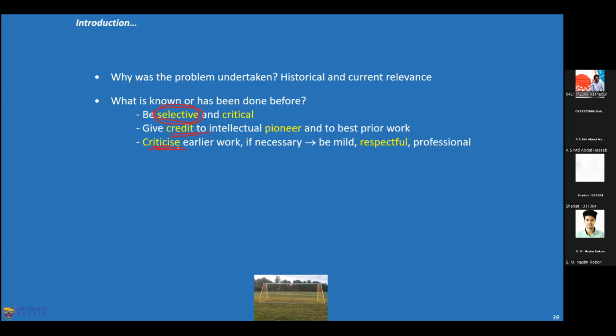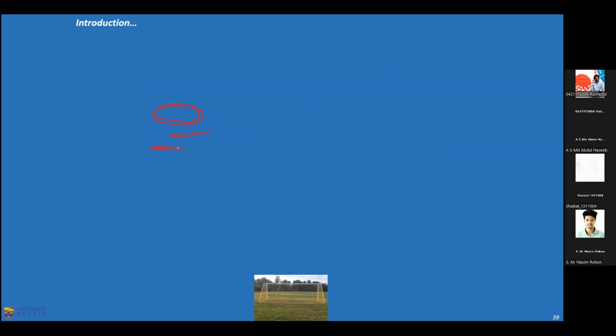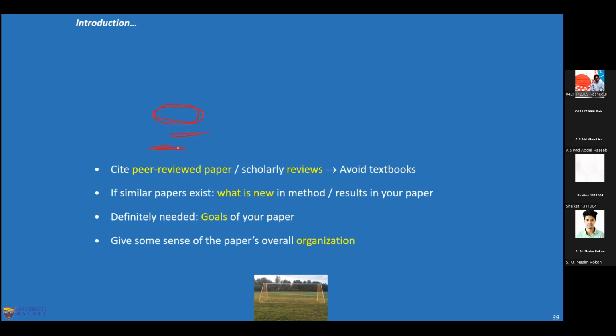That is the norm in our field. We respect our fellow scientists. And in the introduction, we have to cite only the most trustable sources like peer-reviewed papers in a journal or some review papers. We do not typically cite anything from the internet or anything that is not peer-reviewed.